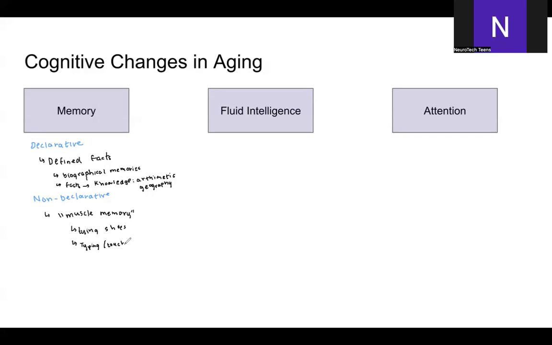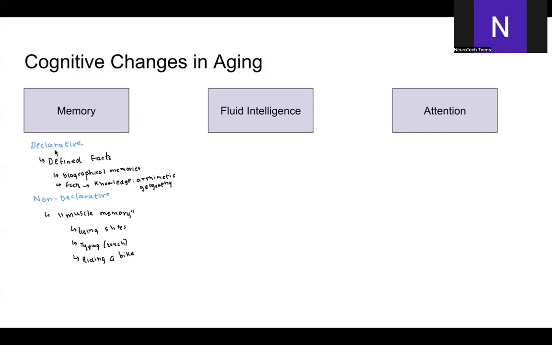The one where you know how the finger placements move and you don't look at the keyboard to type. And riding a bike. That's one of the most common examples, actually. These are all examples of non-declarative memory.